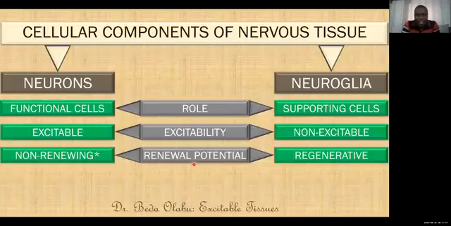I say that with a pinch of salt because it doesn't apply to all neurons in the body, but it applies to most neurons in the body. Almost all, because it's over 90% actually. Most neurons do not divide.